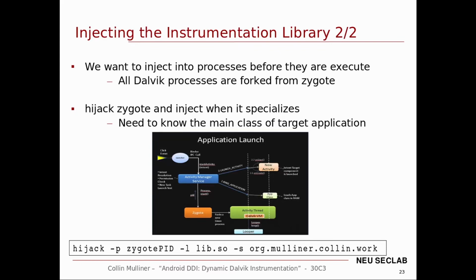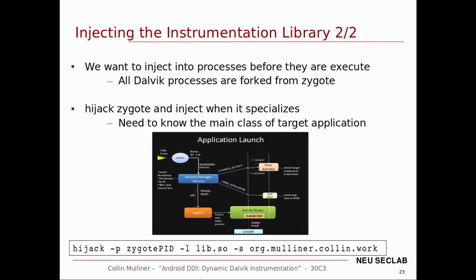So every time you start a new application, like hit some icon on the application launcher, the activity manager sends a message to Zygote, and Zygote forks a new process, specializes to that by loading the specific classes, and then you have a new process that runs your application.